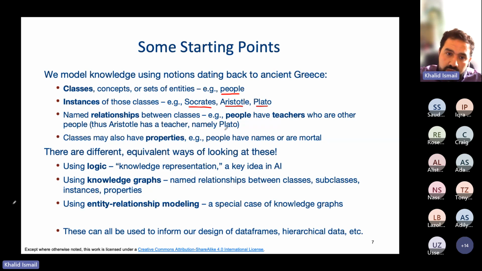The same concept you can think about in cars, for example. We have a class called cars, and there is a subclass of cars, maybe BMW, and then Toyota, and so on. And every one of these has instances.